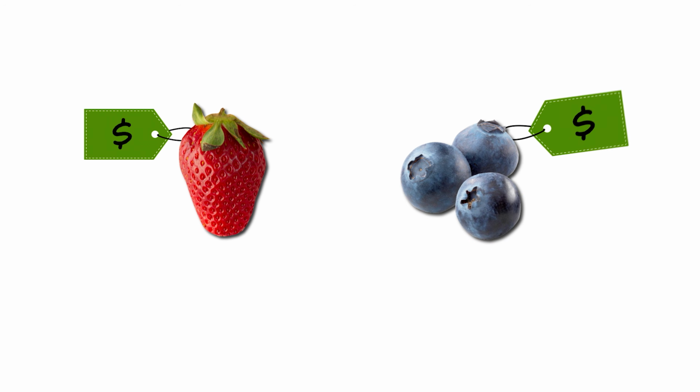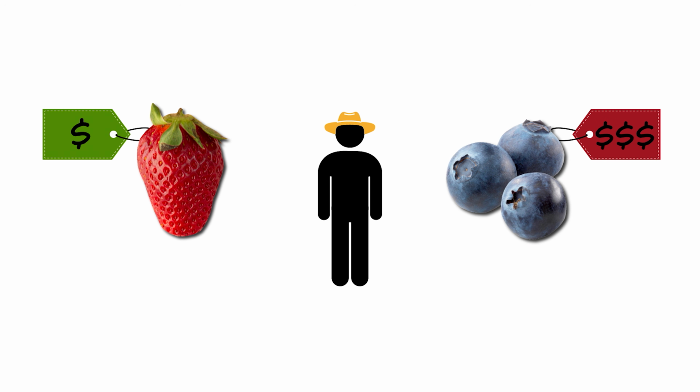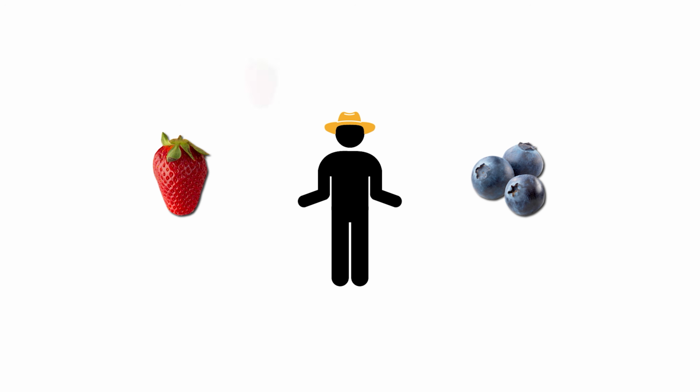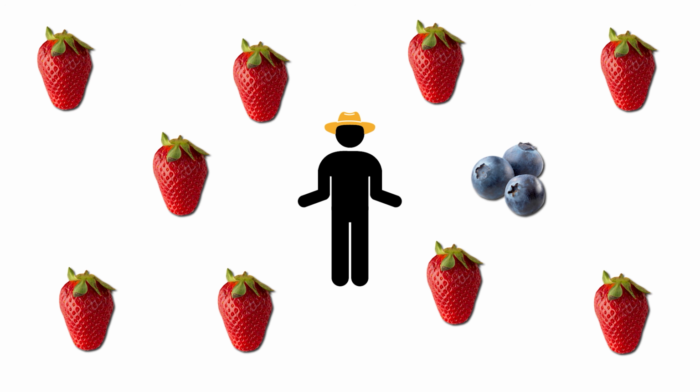They can be used to produce many different things. For example, what will happen to the supply of strawberries when the price of blueberries increases? Here's a hint. Farmers can use their land to grow strawberries or to grow blueberries. Farmers have a choice about how to use their land.